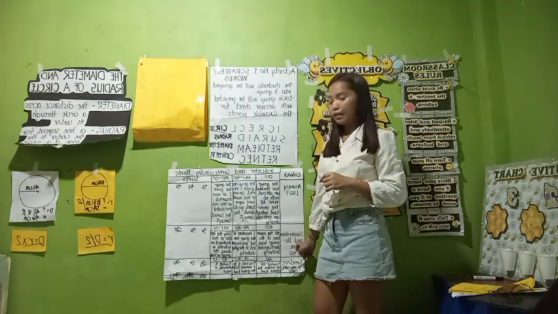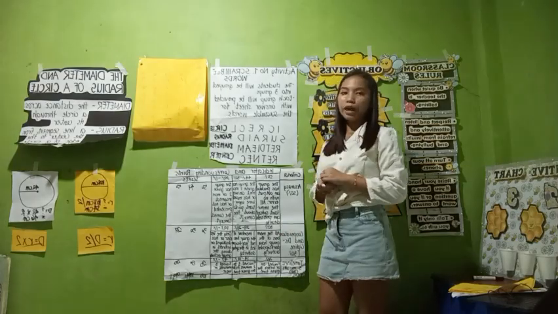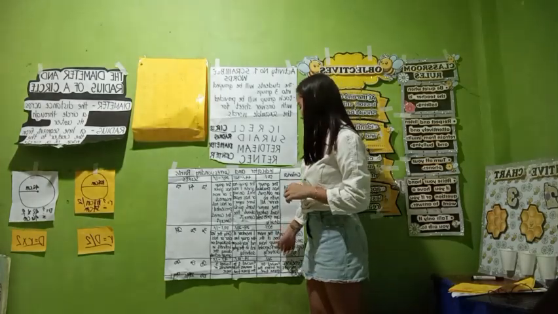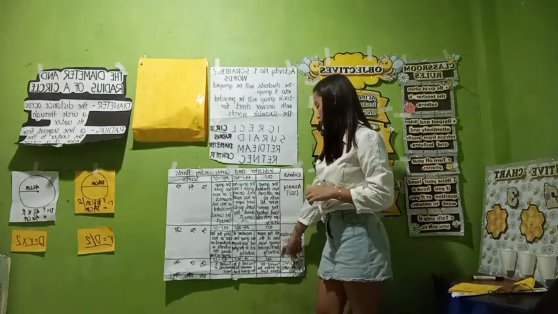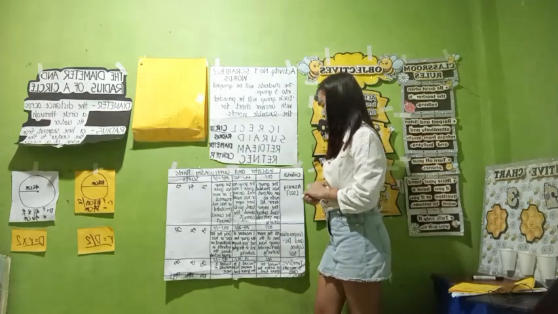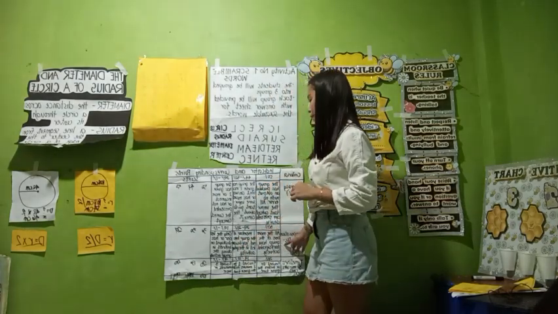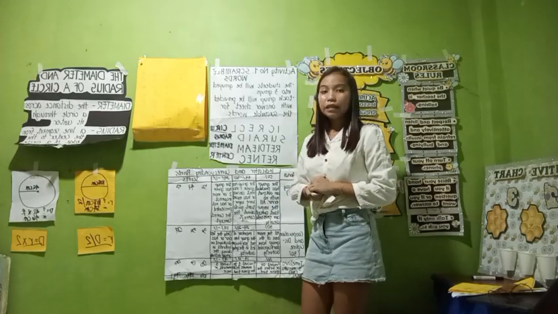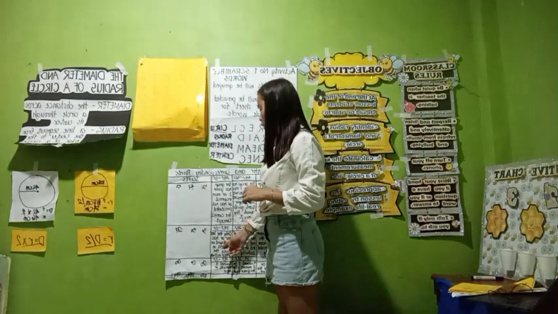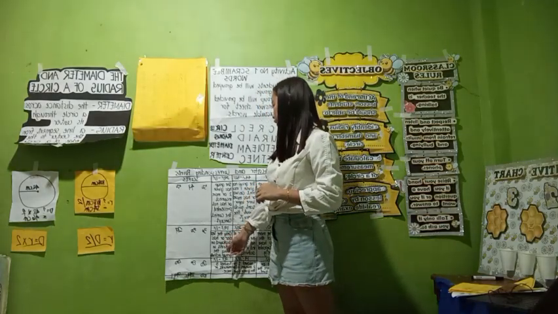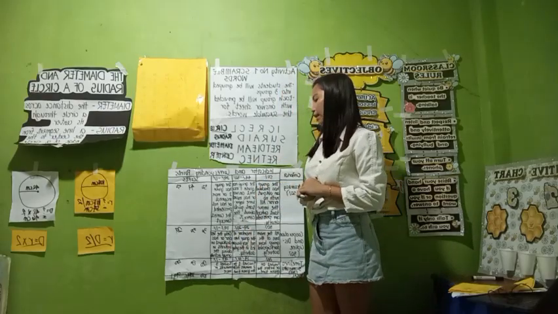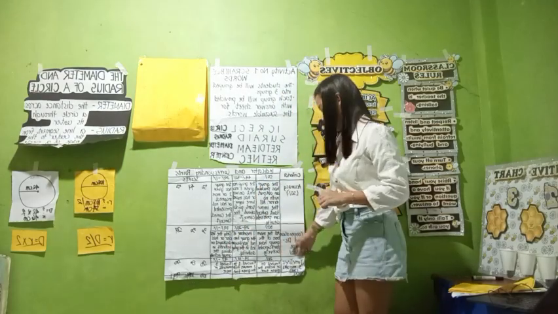Next, cooperation and discipline, 30%. You get 30% if all the members of the group have participated actively. 29 to 20% if one member of the group has not participated. 19% to 1% if only the leader has displayed an interest during the activity.